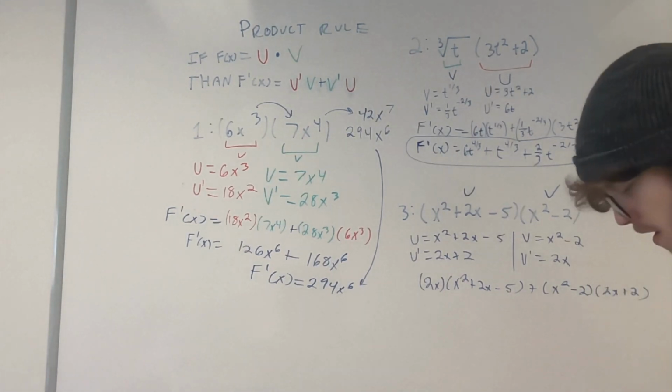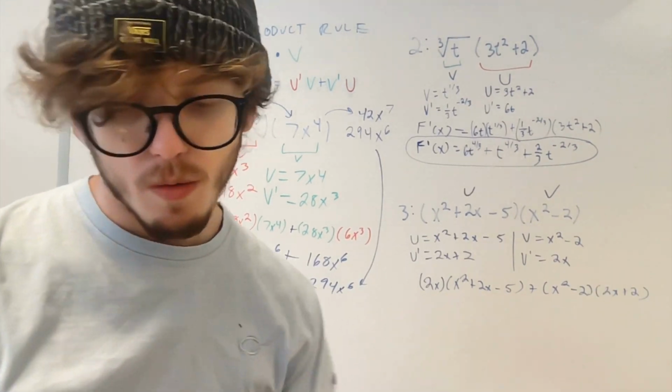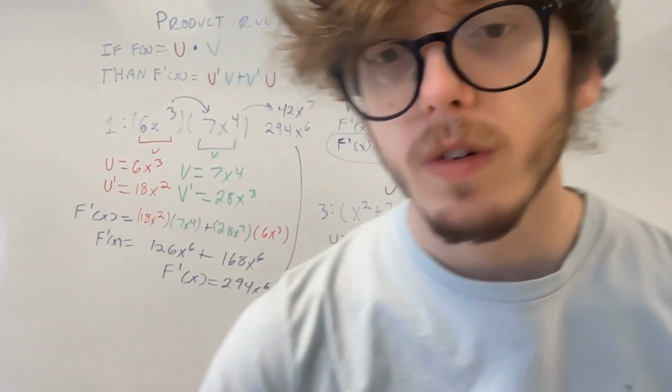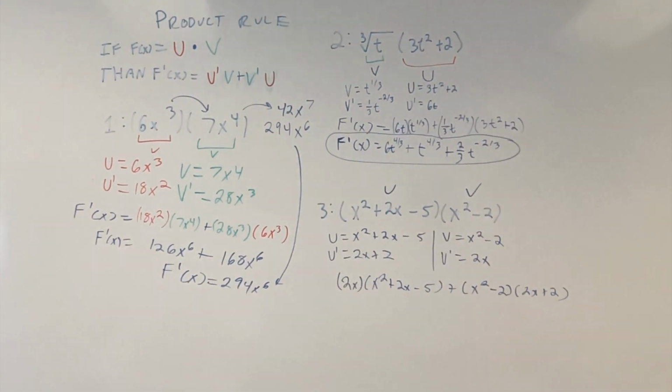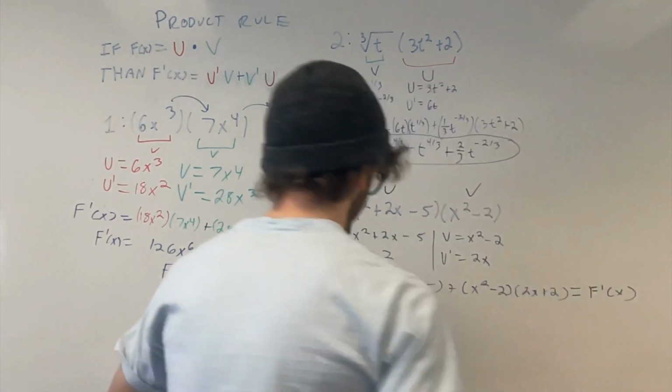Okay, so you can go ahead and simplify this. Let me make sure that you guys can actually see my work over here. Let me scooch y'all over. So yeah, let's find f prime of x now.